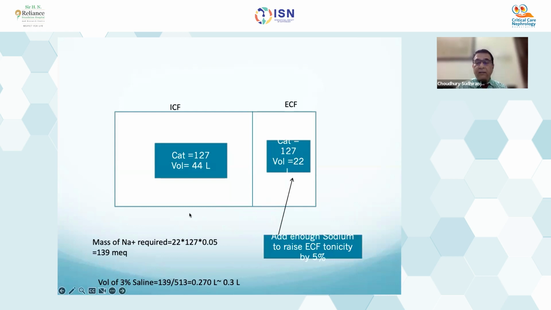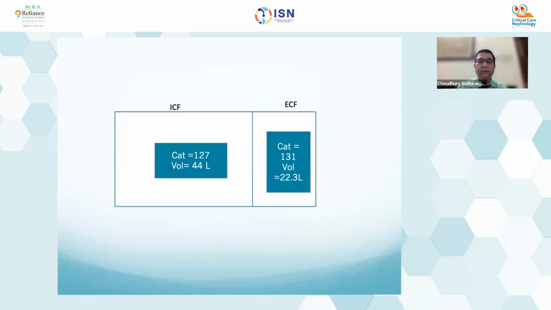So if you add hypertonic fluid to the extracellular fluid compartment, let us say you want a 5% change in the sodium, then you require a 3% saline of around 300 ml to change your extracellular fluid tonicity by 5%. So what will happen next?